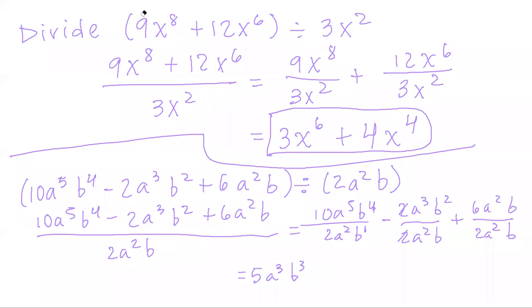I needed to put minus, because we are subtracting the second one, so that's actually minus a. Then b, 2 minus 1, so that's just b. Then I'm going to add 6 divided by 2, which is 3. The a's cancel, and so do the b's, so I just get 3. So this is my answer when I divide.